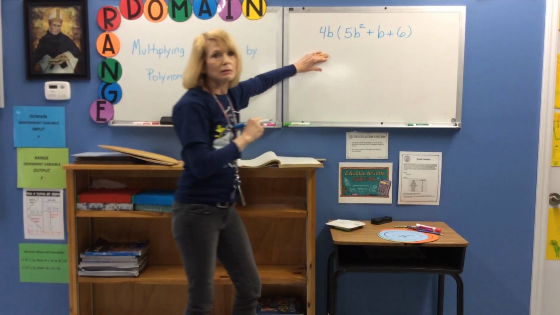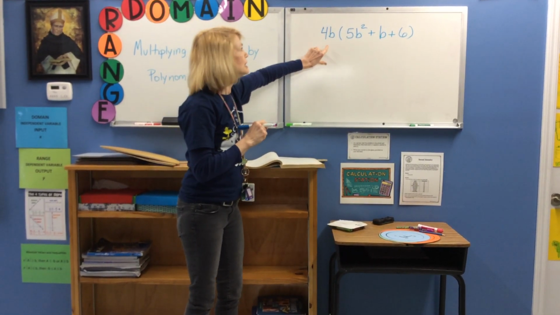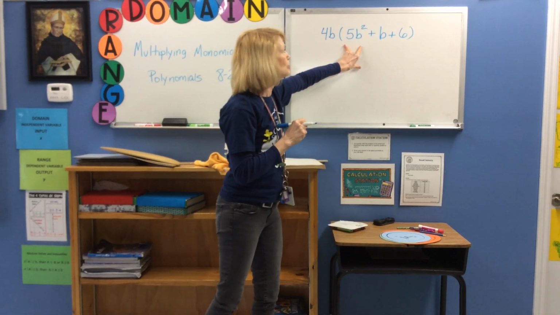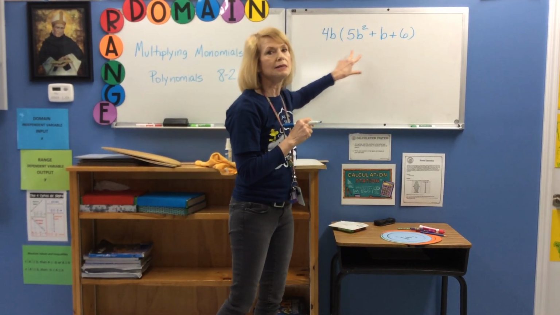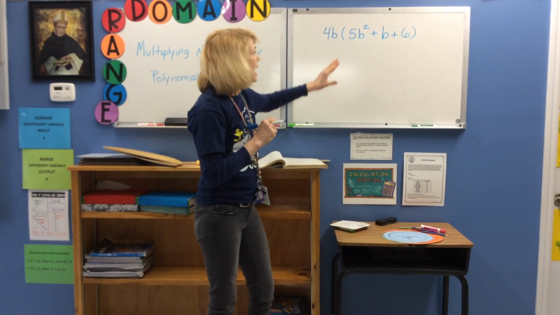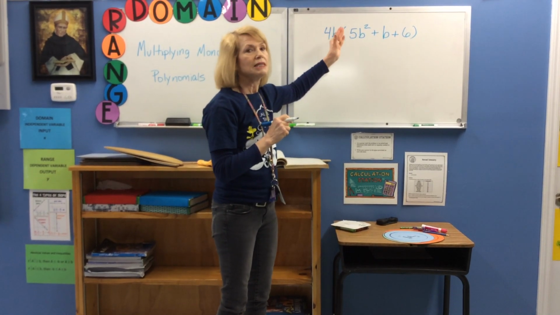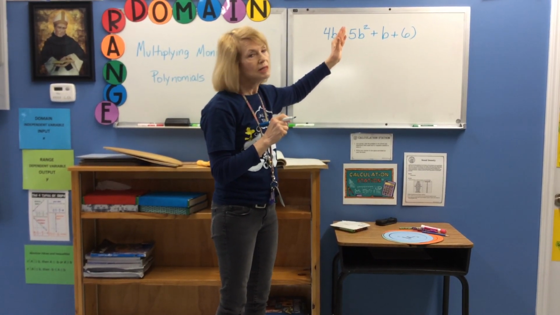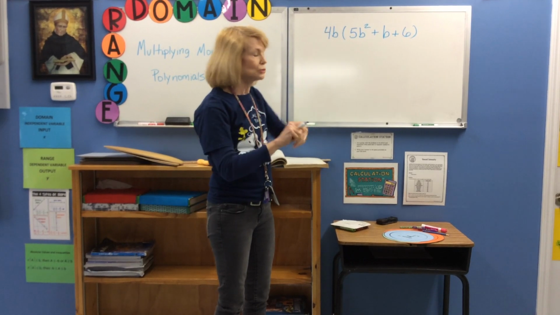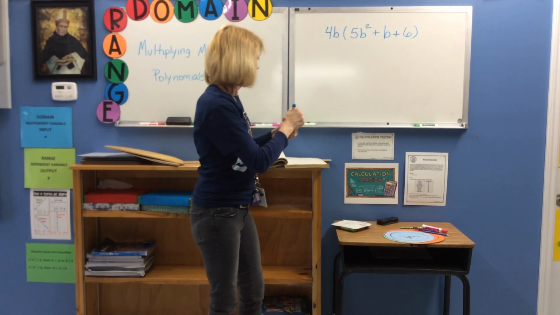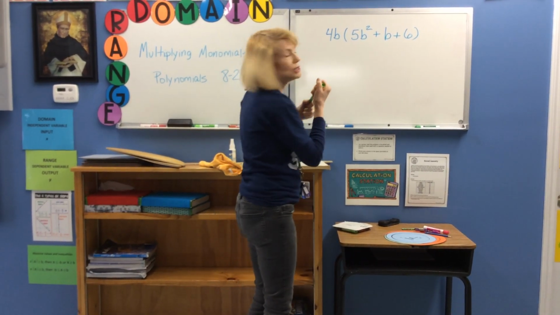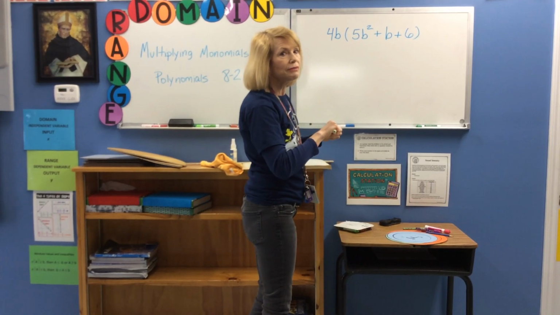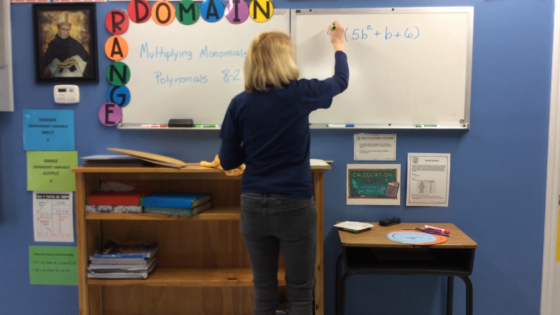So 4b is our monomial, just a single term, and then 5b squared plus b plus 6 is our polynomial. The polynomial is in parentheses, so all we're going to do is use the distributive property. We have to distribute that 4b to every term in the polynomial.